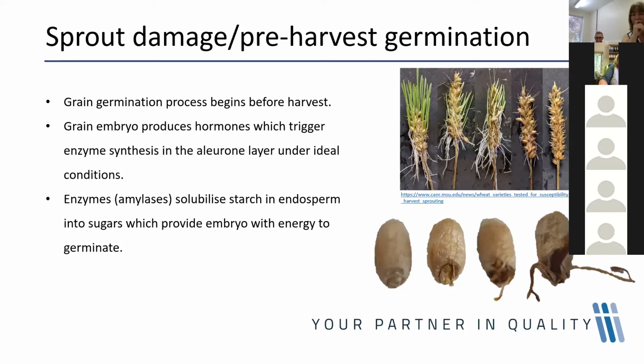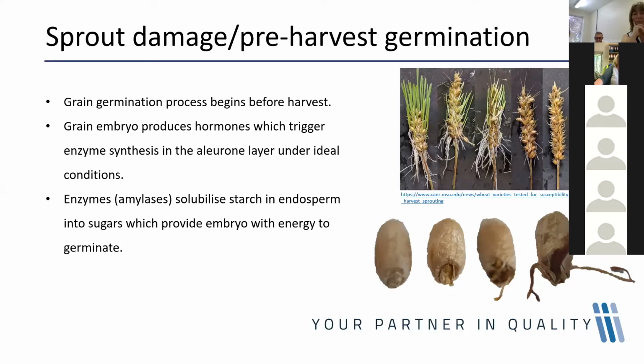And as these enzymes start being produced, they tend to start solubilizing all the storage material which is lying within the grain's endosperm. Most notably starch, which is broken down by amylases.